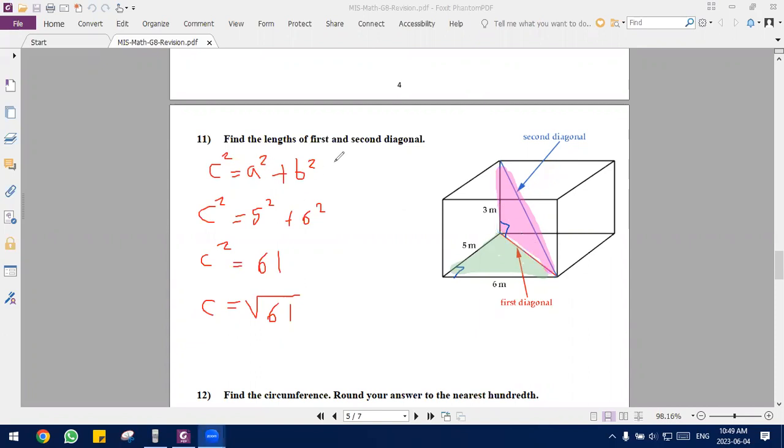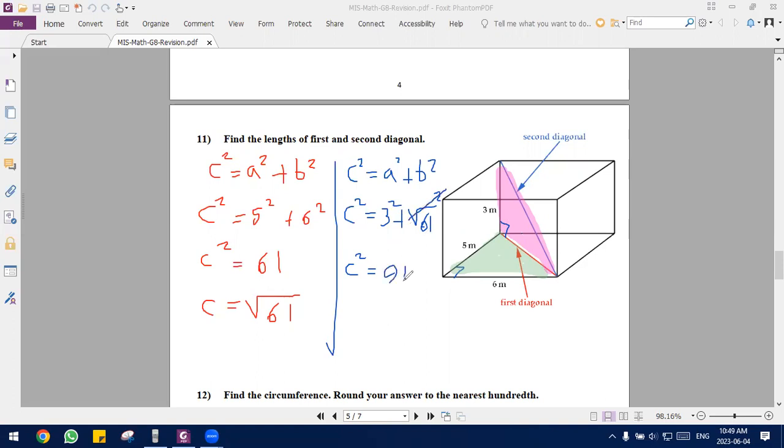Now we have the same formula. C squared is equal to A squared plus B squared. Now A squared is 3 squared plus B squared. I just found it, it was the square root of 61. So square root of 61 and then squared. Square root and then square, we just said before, it's cancelled.